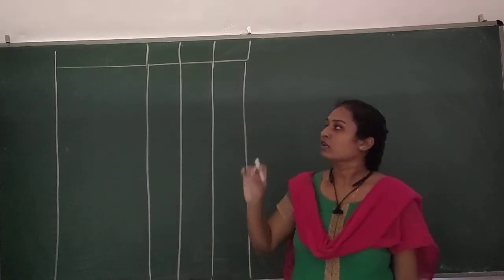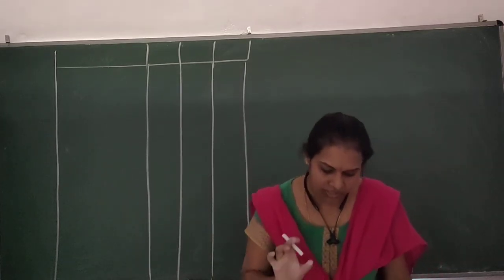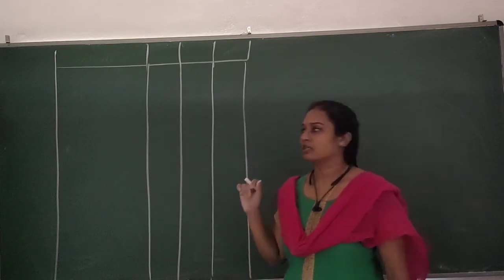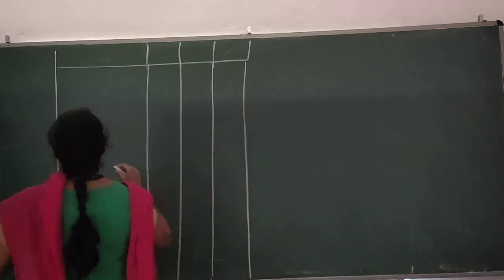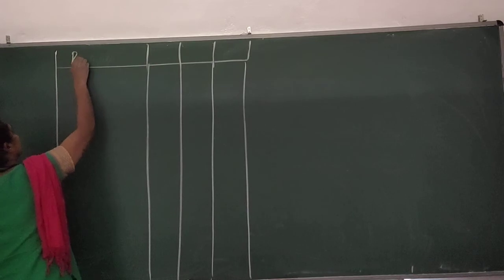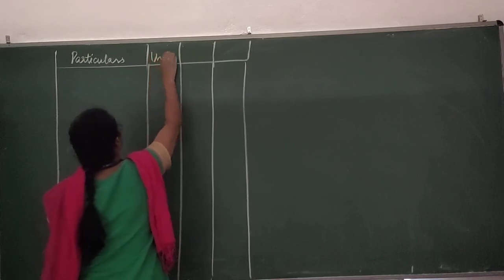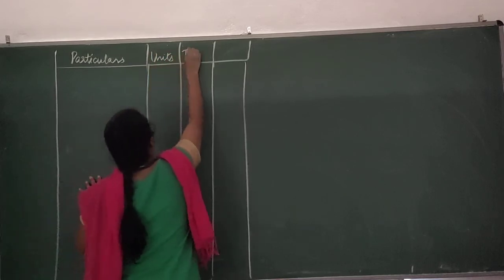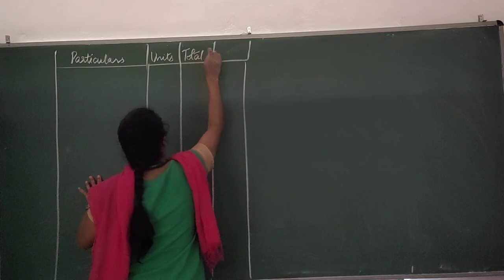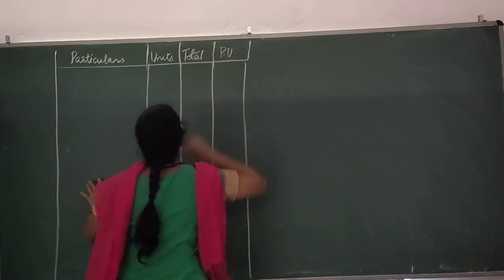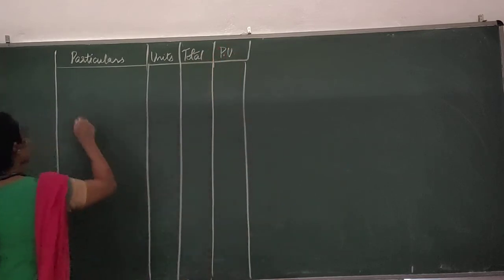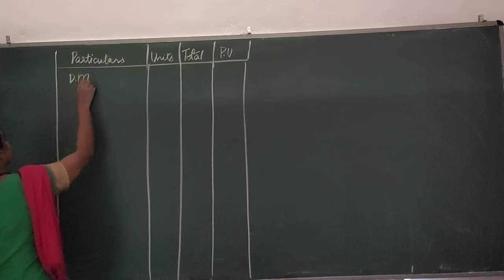You will just write cost sheet. Cost sheet, you will have particulars, units, total and per unit. So the first one is your direct material.